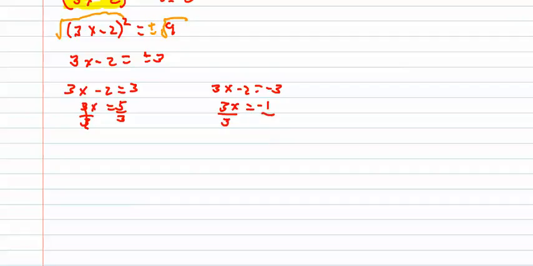Divide by 3. And we're done. Easy peasy. So we have 5/3, we have negative 1/3, and we're done. You will find this very easy and occasionally very helpful.